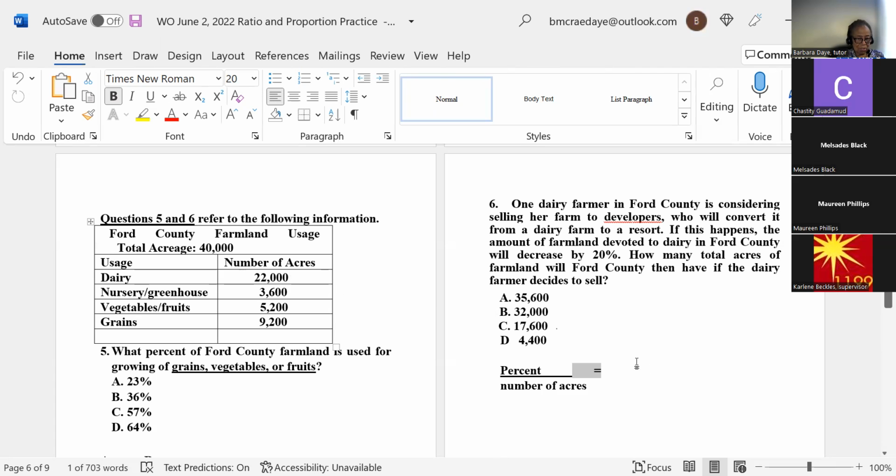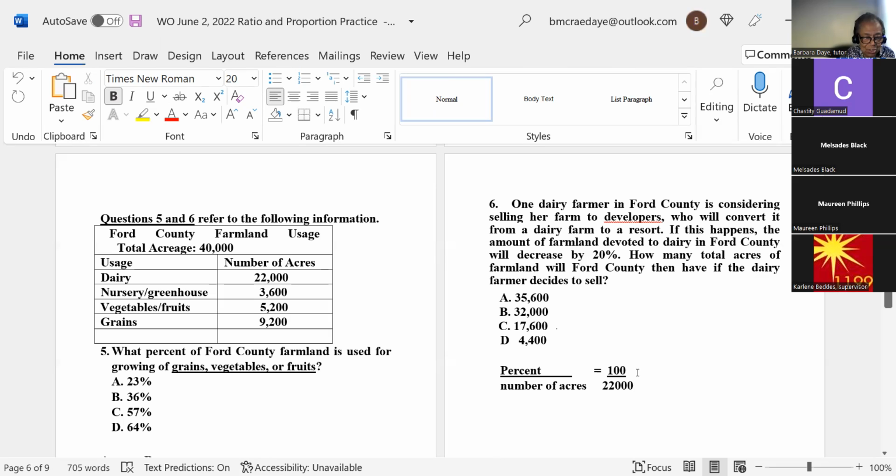So the 100, that's percent, represents 22,000 acres for dairy, right? Now, 20% would represent what?